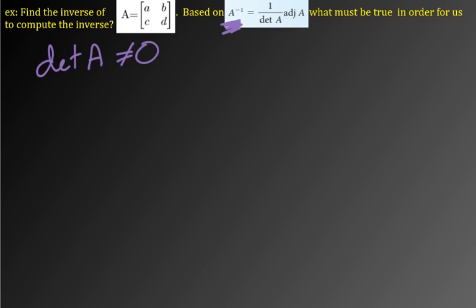And the determinant of a 2 by 2 matrix, let's do it for my A up there, the determinant of A, B, C, D would just be equal to AD minus BC. So for this specific problem, I need AD minus BC to not be 0.